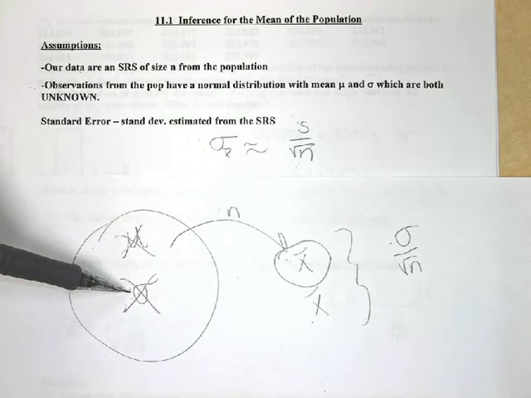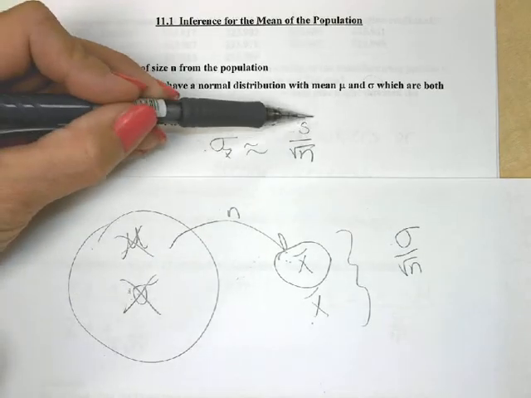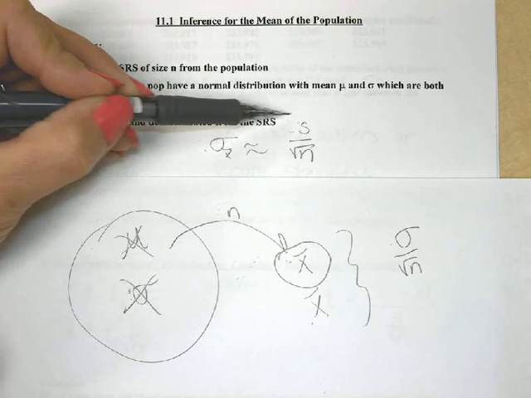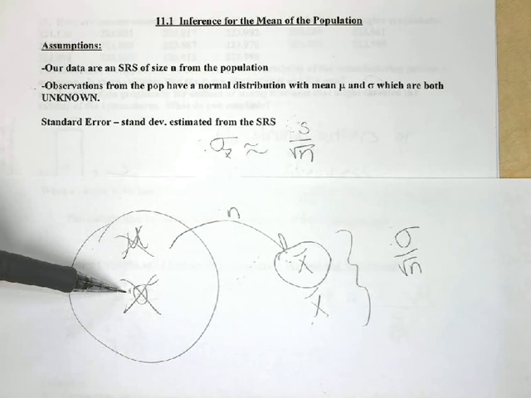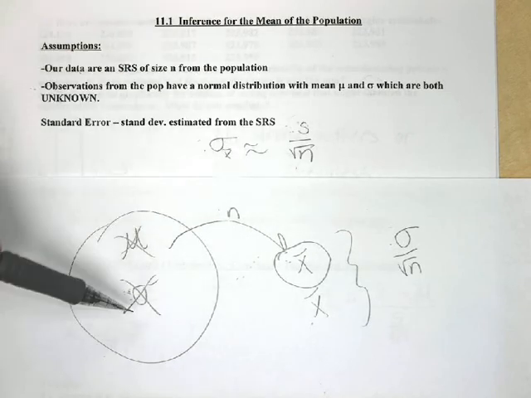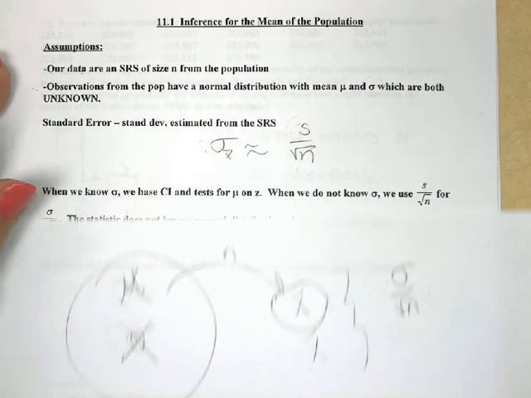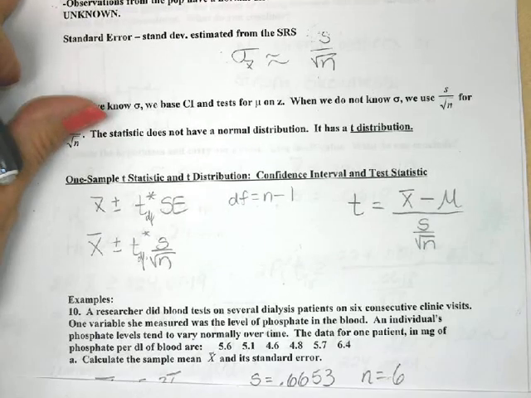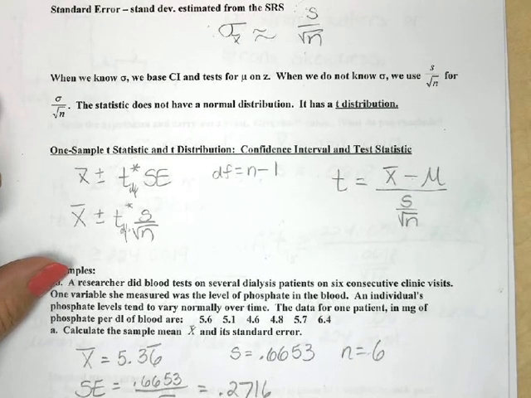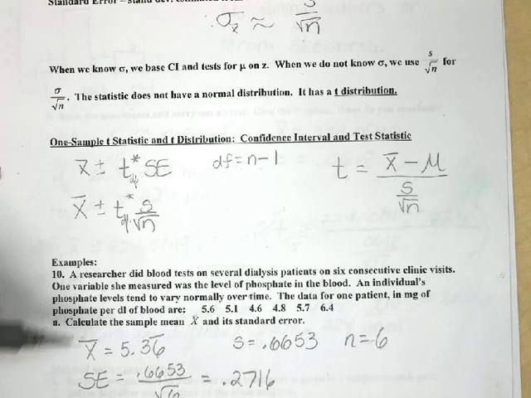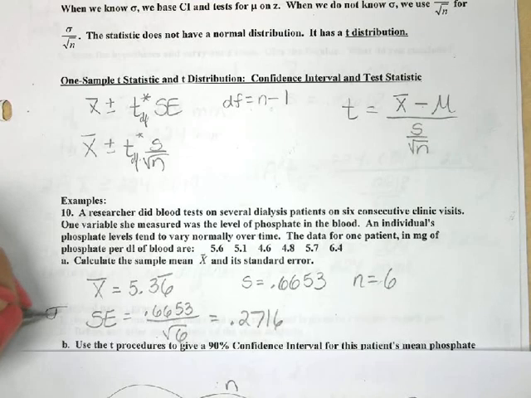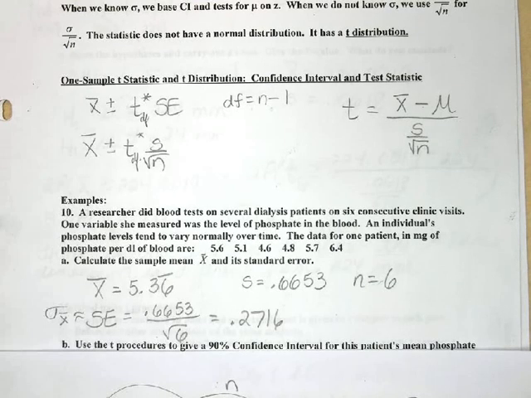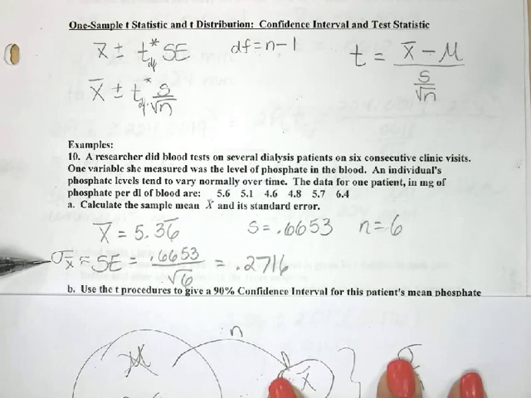We're not silly enough to think that every sample's standard deviation will be the same as the population's, but we hope they're quite close. So the standard error is the standard deviation of your sample divided by the square root of n. We can call that an estimate for the standard deviation of sample means.